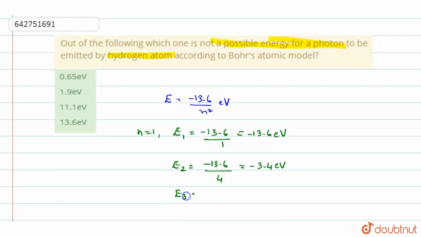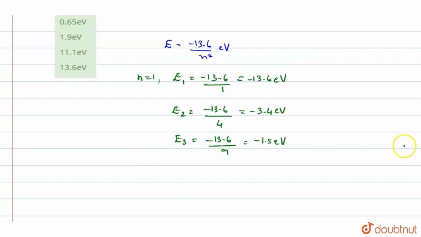Similarly, E3 will be minus 13.6 divided by 9, which gives you minus 1.5 electron volt. Let us find one more. E4 will be minus 13.6 divided by 4 square, which is 16, equal to minus 0.85 electron volt.